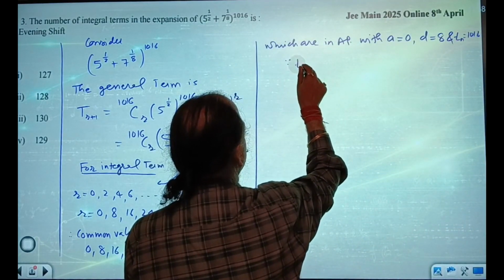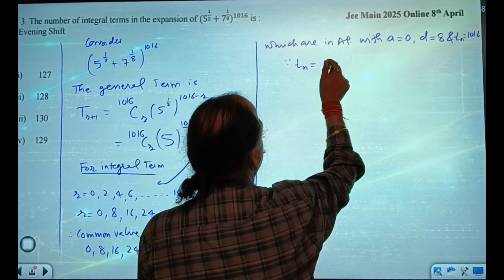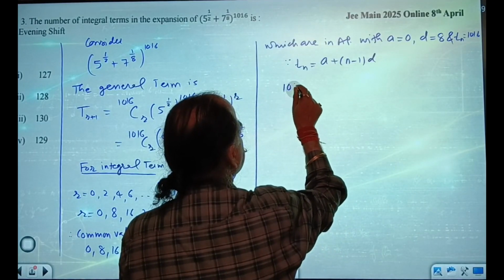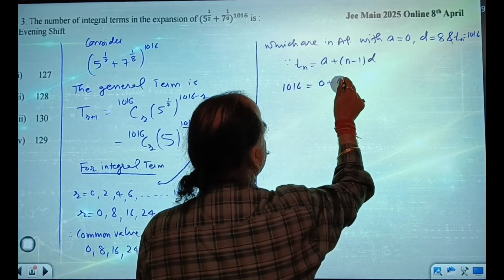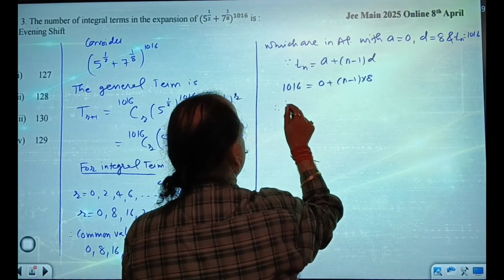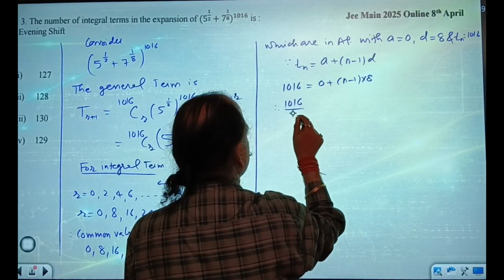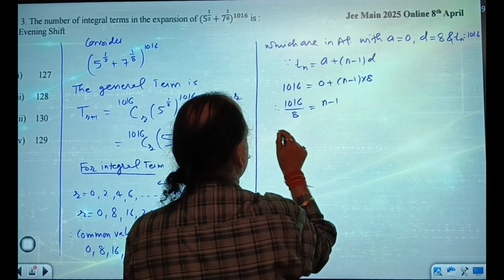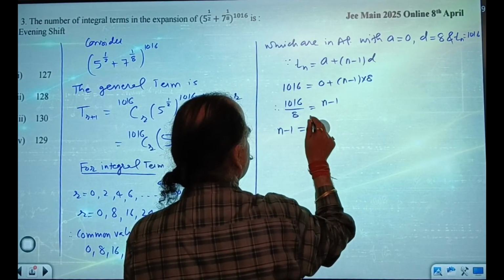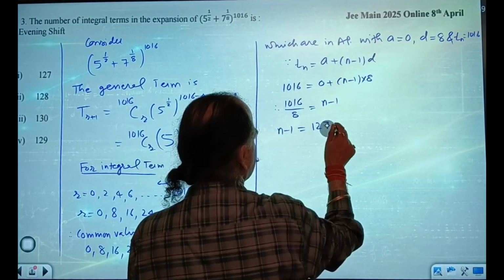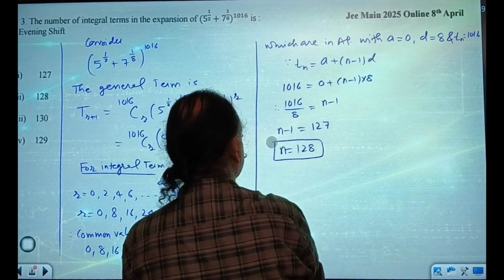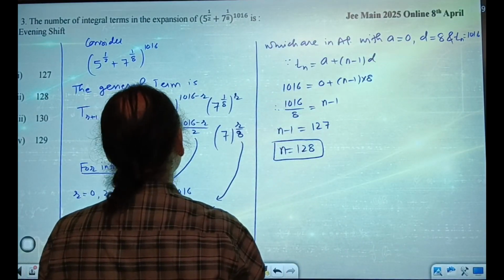Tn is A plus (n − 1) into D. So 1016 equals 0 plus (n − 1) into 8. 1016 upon 8 is 127, so n − 1 is 127, and n is 128. So the number of integral terms will be 128.